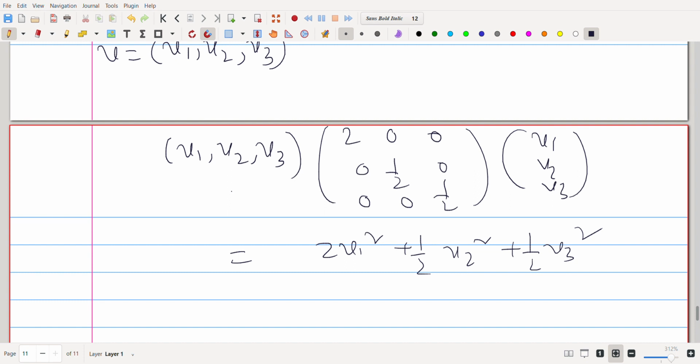Clearly, if you take any vector from Q3, this will be greater than or equal to 0. This cannot be 0 unless v1, v2, v3 are 0.